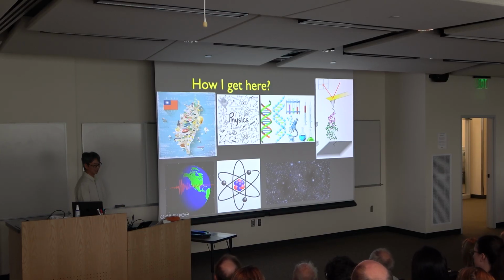I got my physics degree, and then the problem is that after that, I still had no idea what I wanted to do. So I got into a geochemistry lab, where I had experience working with DNA and protein. And then I got lost again, and my father said, if you don't know what to do, just go to the US and get a degree in whatever.